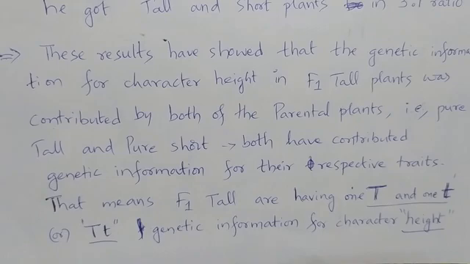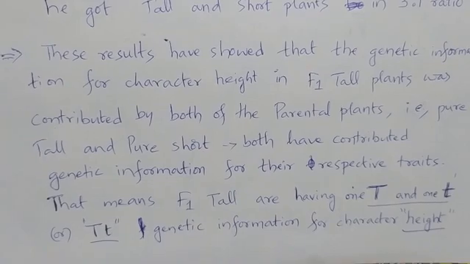Here we are using these capital T and small t letters in order to express the copies of genetic information, or simply to say, alleles. Right? That means the F1 tall plant has one capital T and one small t, a combination of genetic information for the character height.